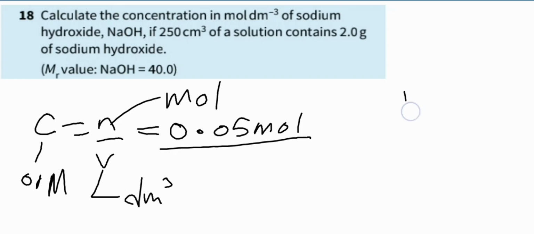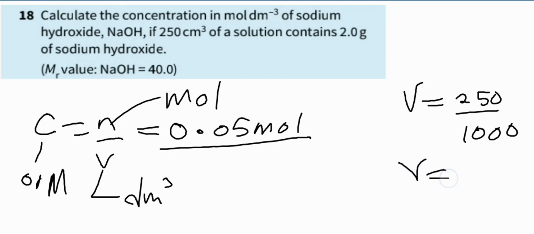So the volume is just going to be 250 centimeters cubic divided by 1000. So our final volume here is just going to be 0.25 decimeters cubic.